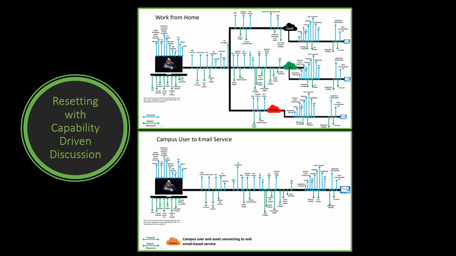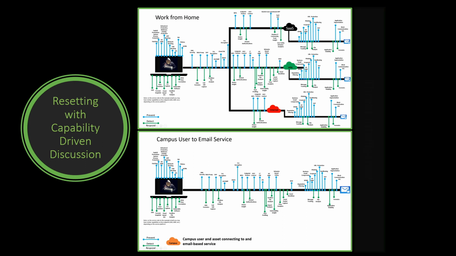But there's a couple different use cases, right? You got work from home and SaaS-based connectivity, VPN-based connectivity, and straight to internet. And so those may all require similar capabilities, but also differing capabilities. And same thing with campus user to email service. The goal here, though, is to understand the capabilities that we require in order to feel comfortable with our overall security posture.